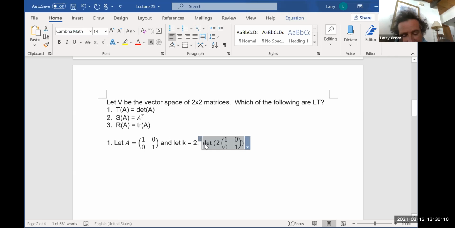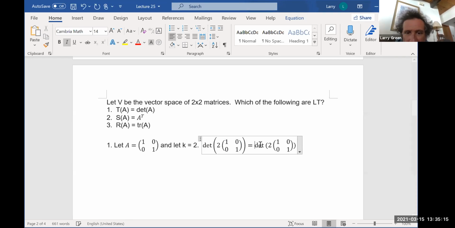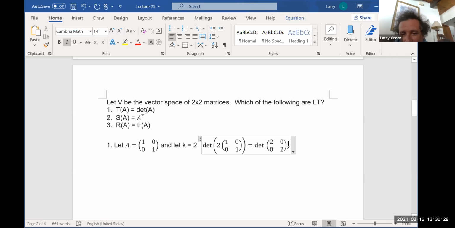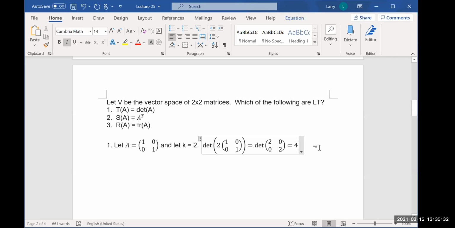Well, let's just do it. What's 2 times 1, 0, 0, 1? 2, 0, 0, 2. And what's the determinant of 2, 0, 0, 2? 4. Okay.